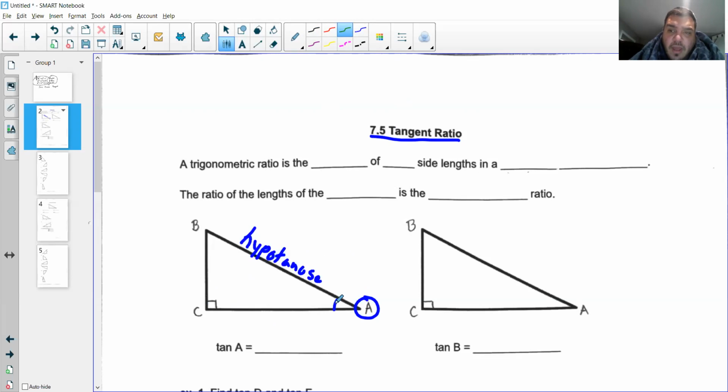But here at angle A, we have a side that's across angle A. In this case BC is across angle A. This BC is called the opposite side. If I ask you what's the opposite of angle A, you would say BC. And we've done this before in previous triangle chapters.